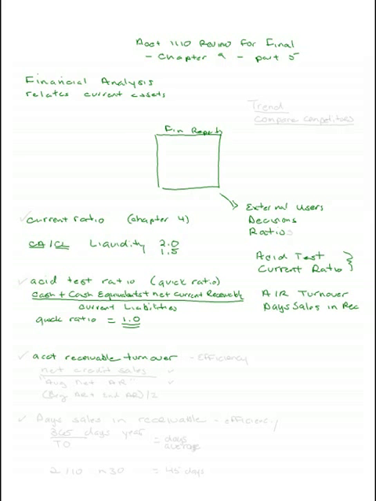The accounts receivable turnover ratio is next, and this is an efficiency measure. It lets outsiders take a look at how efficiently you're managing your accounts receivable. The formula is to take net credit sales and divide it by your average net accounts receivable.